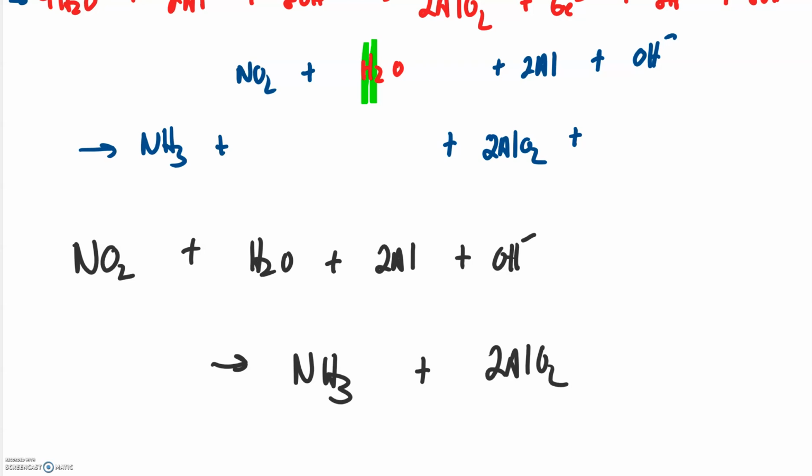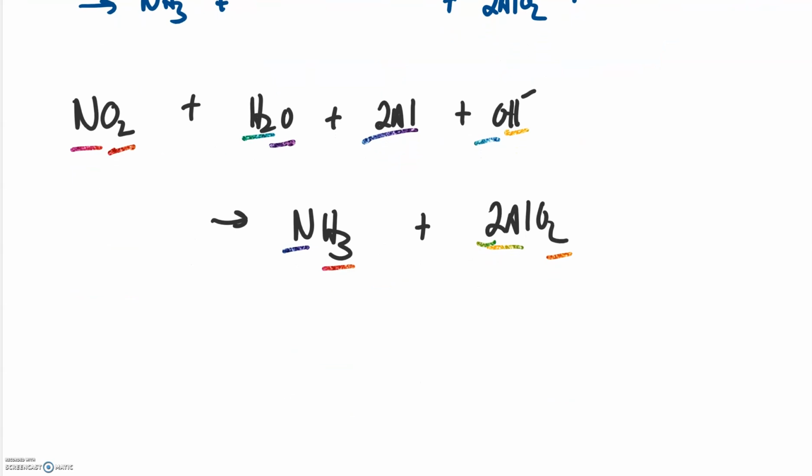Do these balance? 1 nitrogen. 1 nitrogen. 2 hydrogens plus a third. 3 hydrogens. 2 aluminums. 2 aluminums. 2 oxygens plus another 2 is 4. 4.